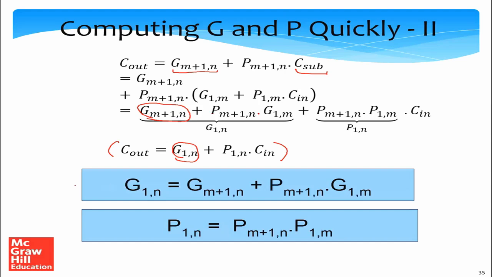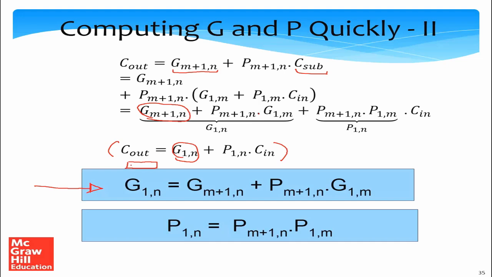So the important equations that we get from this particular section is that generate 1 to n. So consider a block of the first 1 to n bits. When will it actually generate a carry?